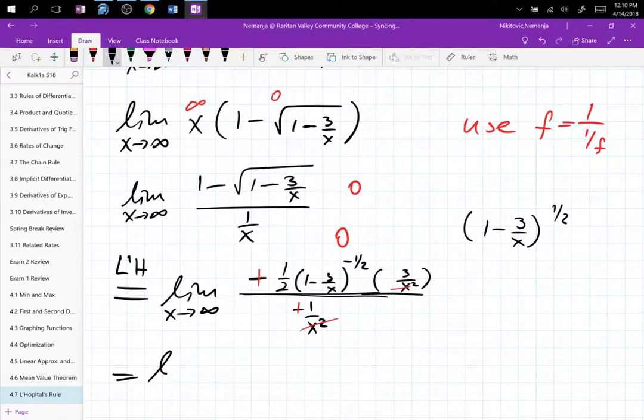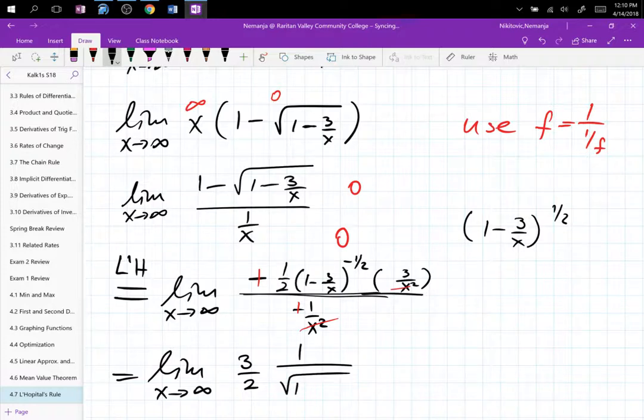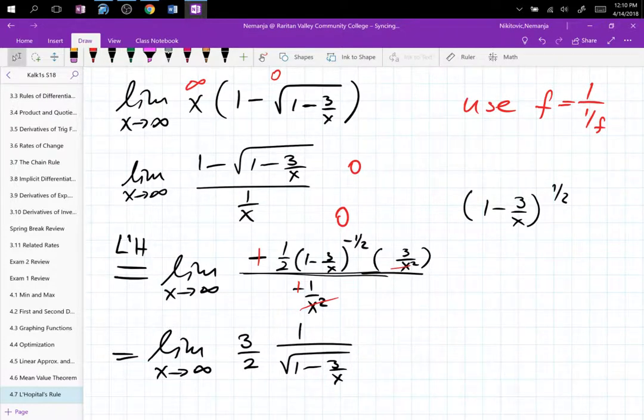So let's see what we get now. What survived? Well, 3/2 definitely survived. And the whole thing over here is 1 over the square root of 1 minus 3 over x, because it's a negative 1/2, that means the negative has to be shipped downstairs, and then you have the square root for the 1/2.